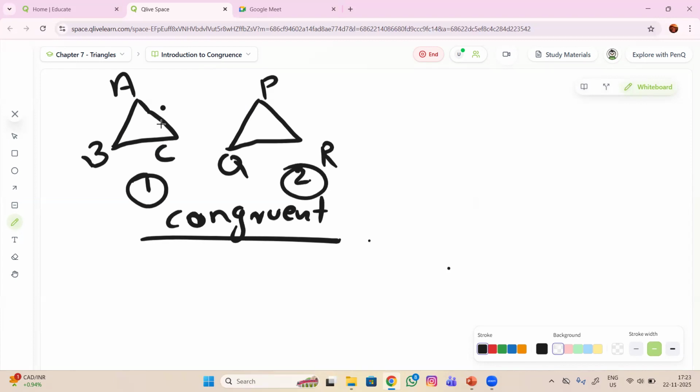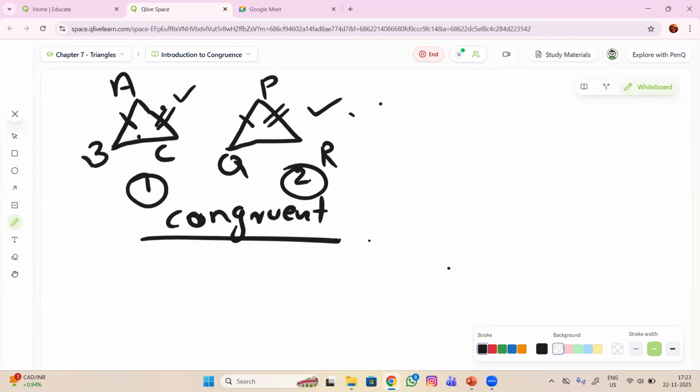We have three sides here and three sides here. I just said that side AB is equal to side PQ and side AC is equal to side PR.